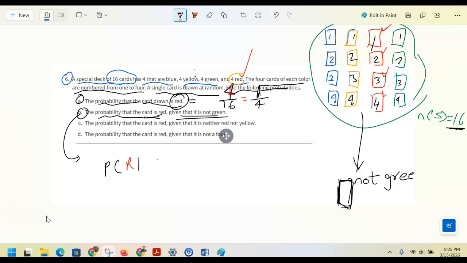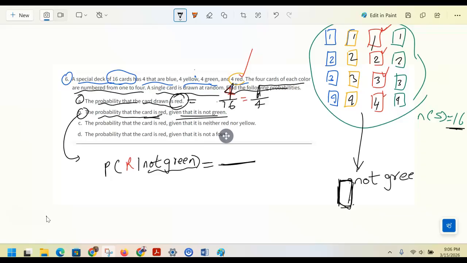So let's write not green. Let's use the reduced sample space. That means you already know it is not green.